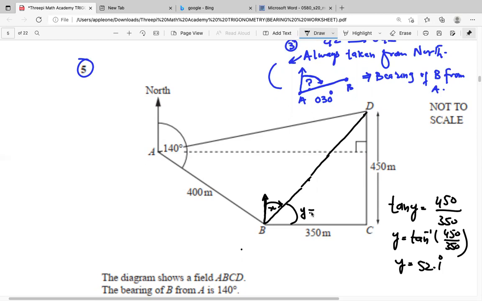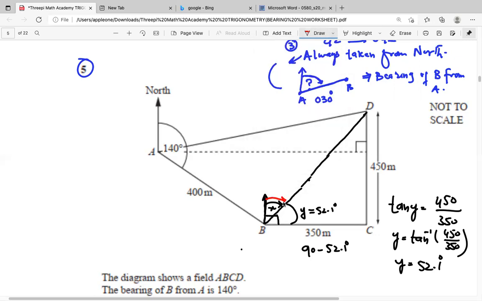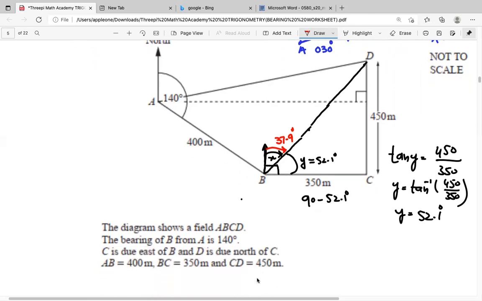This angle is 52.1 degrees. Now the whole angle is 90 degrees, so 90 minus 52.1 is 37.9 degrees. So this angle, which is the bearing, is 37.9 degrees.